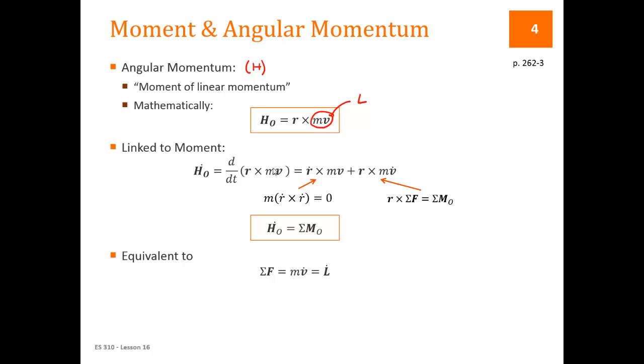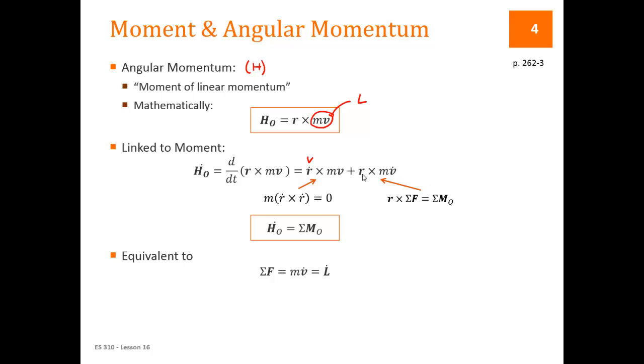So just like the product rule, right, we're going to take the derivative of the first times the second, plus the first times the derivative of the second, and then we look at each of these terms more closely. Well, r dot is just v, right? So here we have v crossed with v, which gives us 0, because if you cross two vectors, there is no component perpendicular, so two parallel vectors crossed with each other always gives you 0.